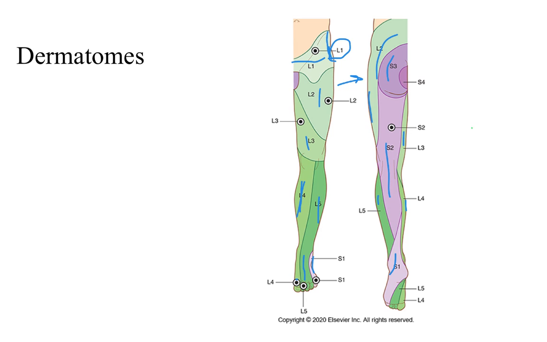So let's say you take a sharp point, and at the other end is a dull point, and you start poking along the leg, and you poke at this region, which would be L3, this region L2, this region L5, this region L4, and the person can feel and discriminate between sharp and dull.